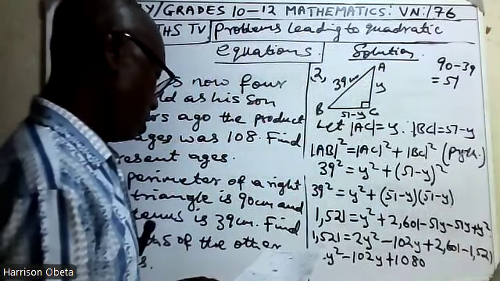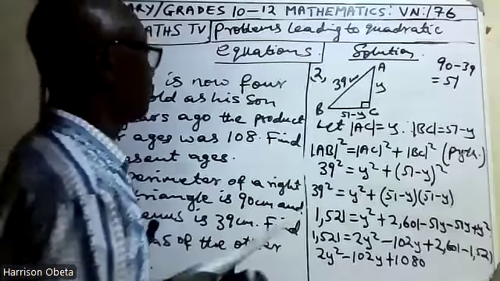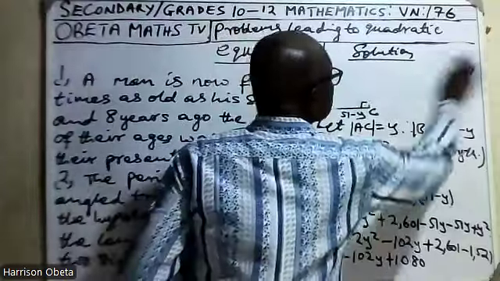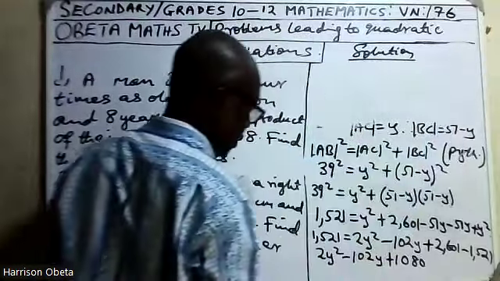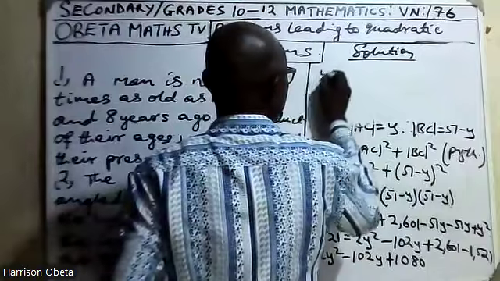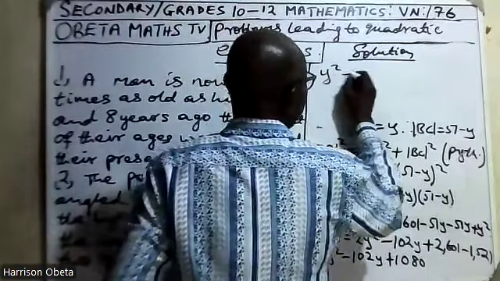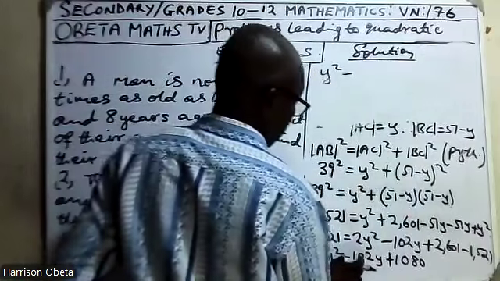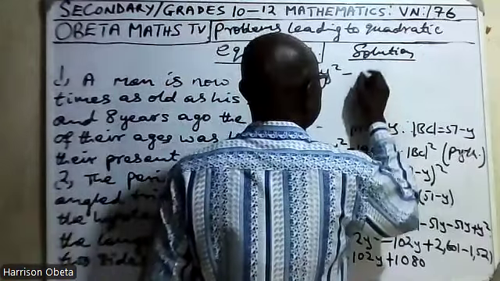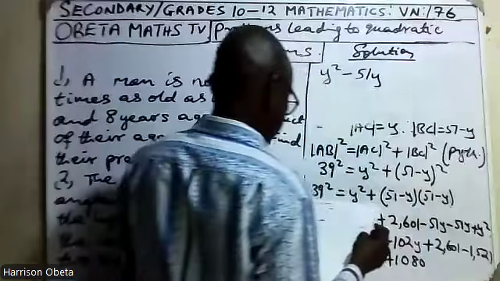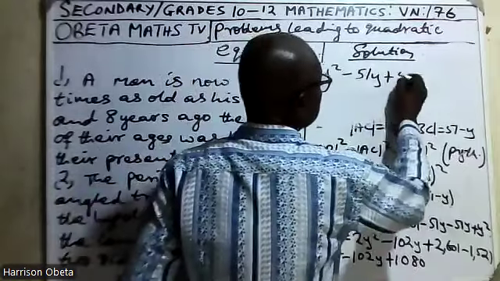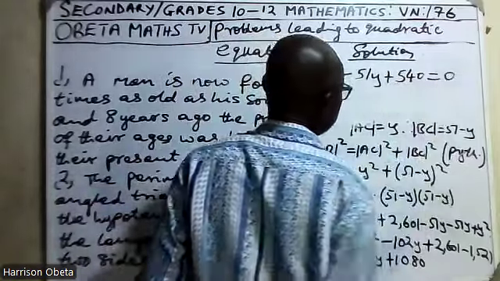So, and then coming up from that place, we have, you can now divide through by 2, and that will give us y squared minus 51y plus, you also divide it, this will give us 540 equal to 0.